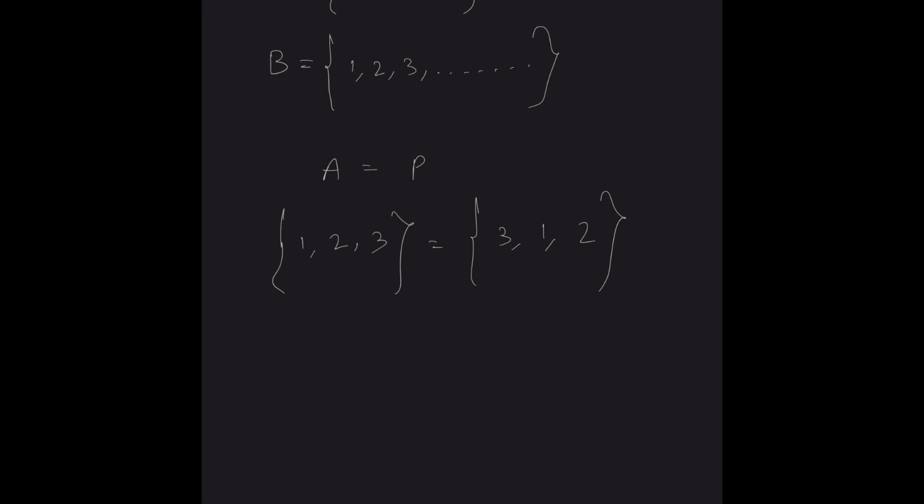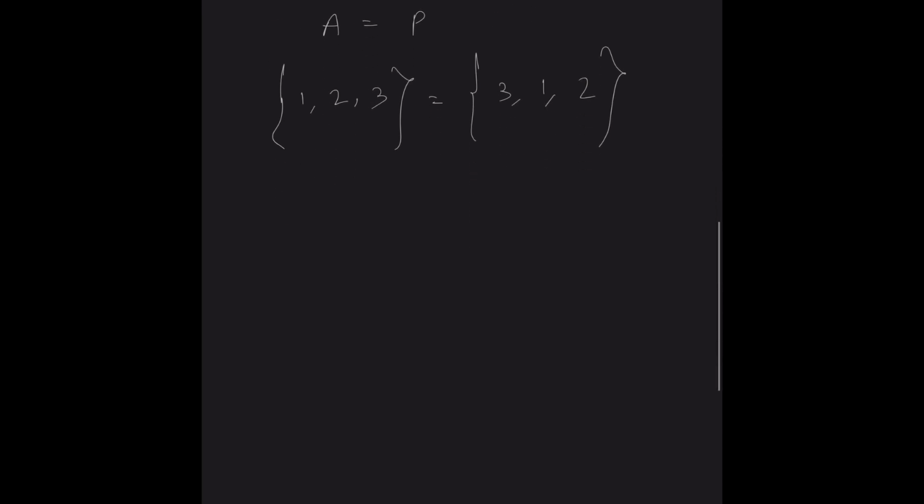So this is the equivalence or equality of two sets. Notice that the order of the elements of the set does not matter here. What matters is that they have the same elements.